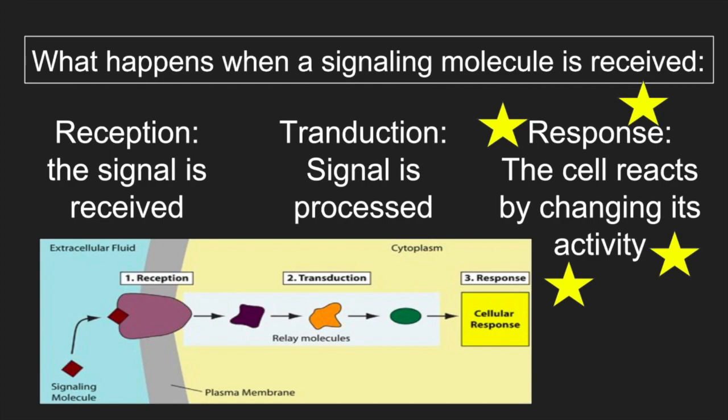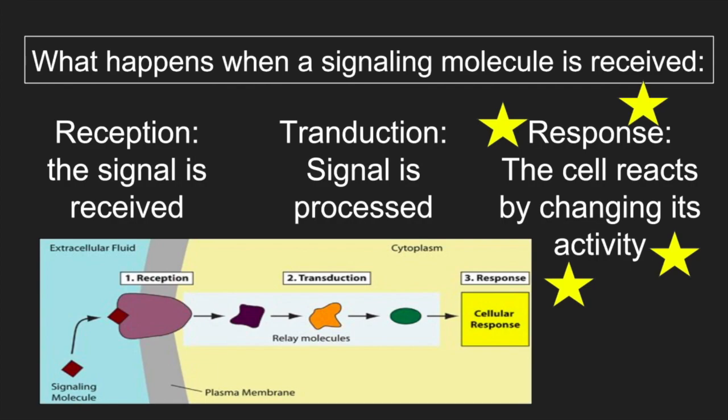Next in the process will be the transduction of the signal. Once the signal has bound to the protein on the surface, the protein changes its shape as a series of changes are triggered in the cell. The signal is passed along a signal transduction pathway through relay molecules. You can either have proteins or non-proteins that are small and can quickly move throughout the cell.